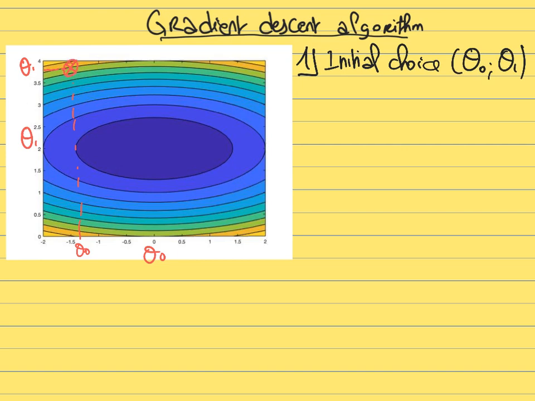This is your initial arbitrary choice, and what you want to find is the optimal values of theta naught and theta 1. You want to find how you go from this initial position to the optimal value.